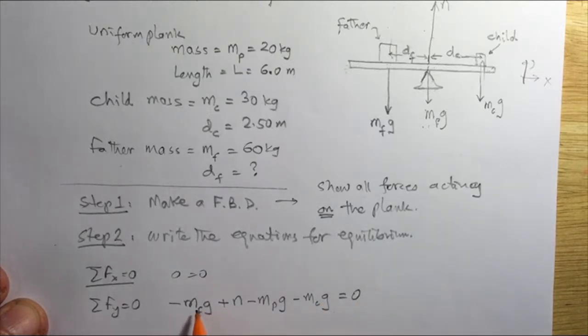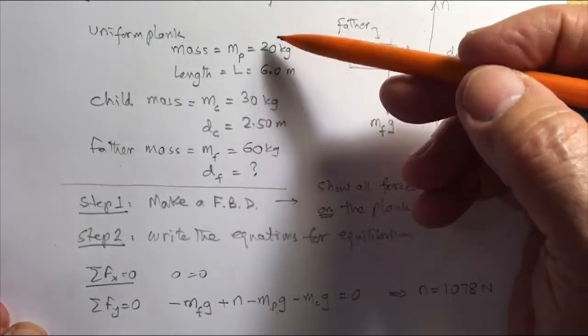Now we know the mass of the father, G, plank, mass of the plank, and the child. So from here, when you plug in the numbers, we can get the normal force, which comes out to 1078 newtons. Okay, you can do that by plugging in these values.